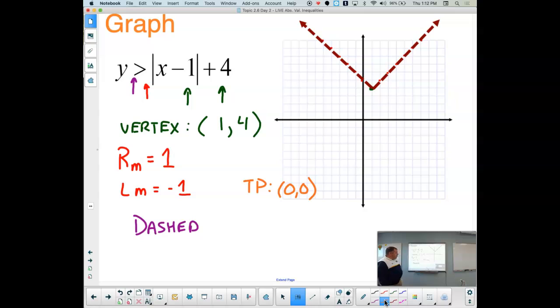If I put my test point of 0, 0 back into my function, I get 0 is bigger than the absolute value of 0 minus 1 plus 4. 0 minus 1 is negative 1. The absolute value of negative 1 is positive 1. Plus 4 is 5.